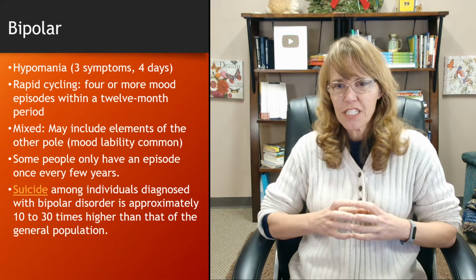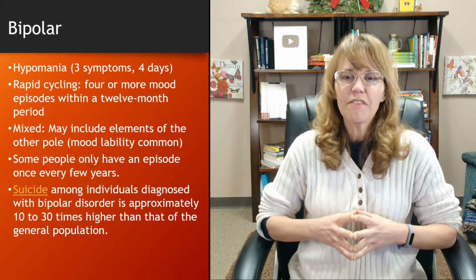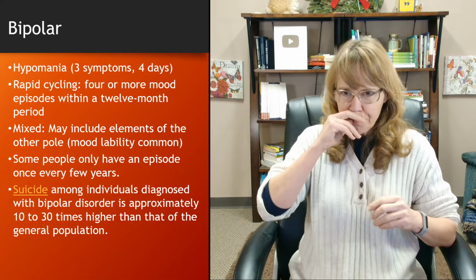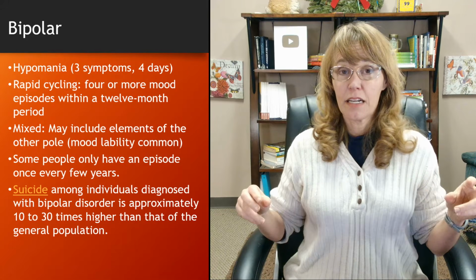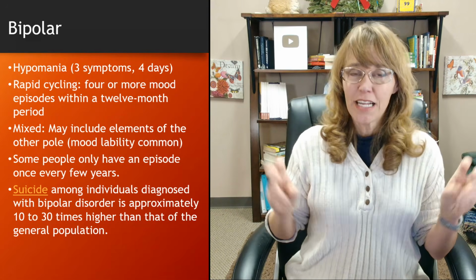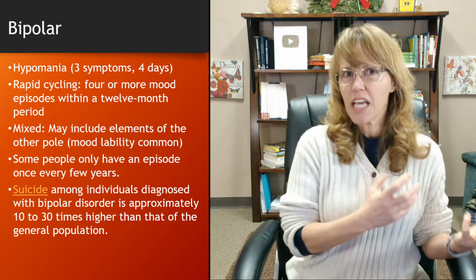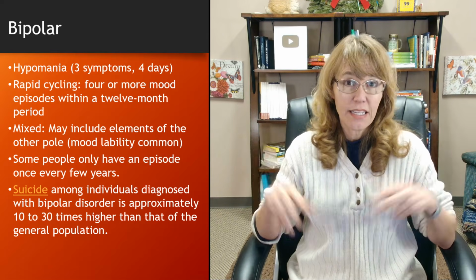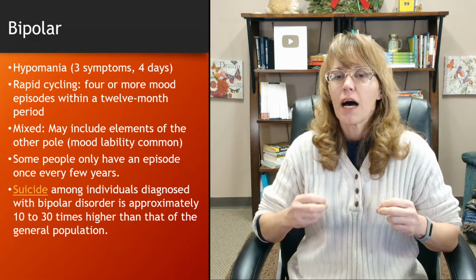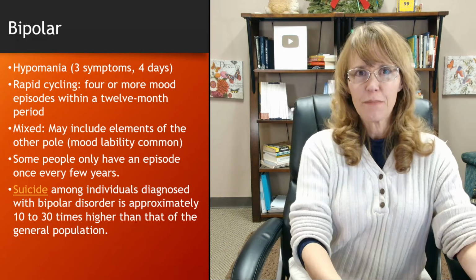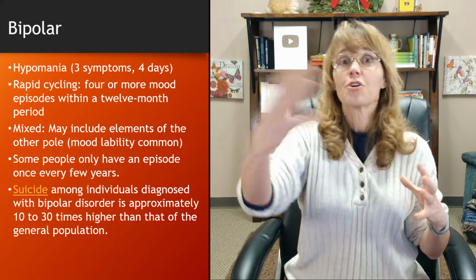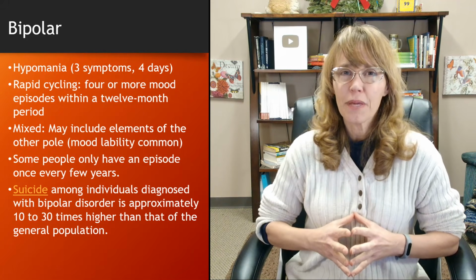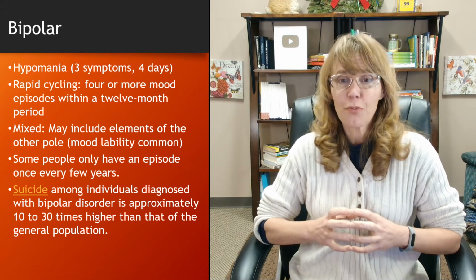A mixed episode may include elements of the other pole, and mood lability is really common in people with bipolar. Even during a significant episode, they may have symptoms of the other, and that is what people often call rapid cycling incorrectly. People who are having a depressive episode, who have a burst of manic energy, if you will, or a burst of mania during that period, are still in a major depressive episode.